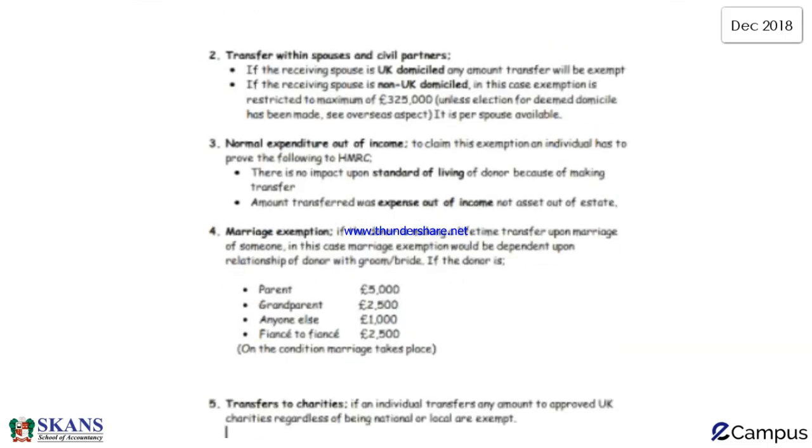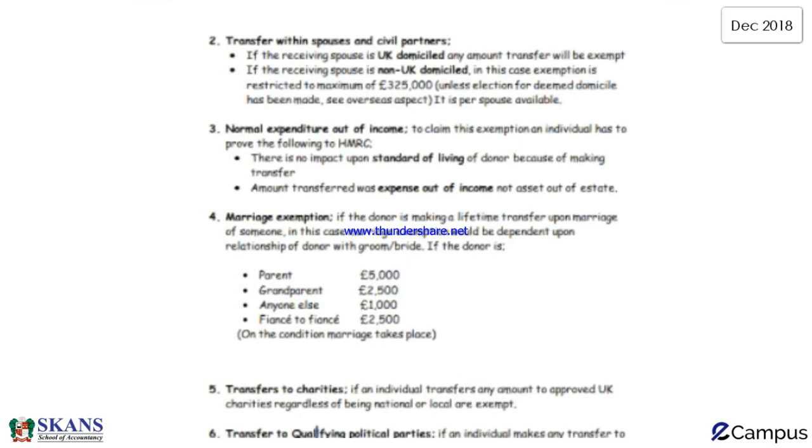The next exemption we can discuss is transfer between spouses and civil partners. Make sure if the receiving spouse is a UK-domiciled spouse, any transfer made would not be considered a potentially exempt transfer. Rather, it would be considered an exempt transfer straight away.